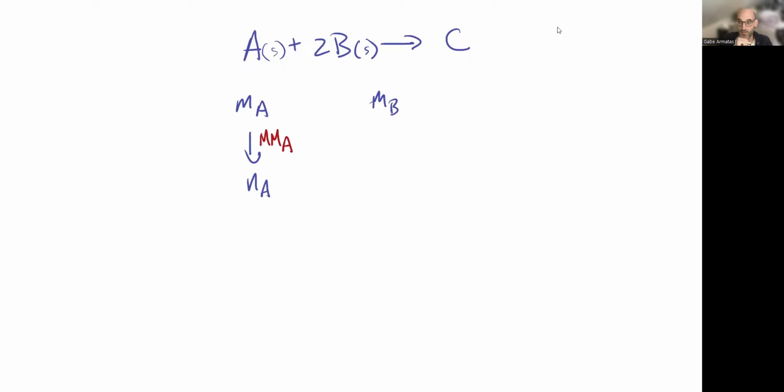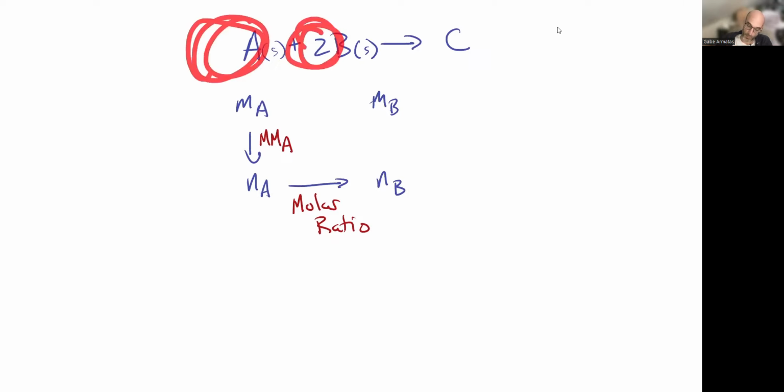Once we get to moles of whatever substance we have, we can then convert to moles of the substance we're looking for, but we have to do that using molar ratio. The molar ratio is just simply the number of moles of A versus B, or whatever substance you have versus what you're looking for. So in this case, for every 1 mole of A, I have 2 moles of B. That allows me to switch from one chemical to the other. And again, from a balanced chemical equation.